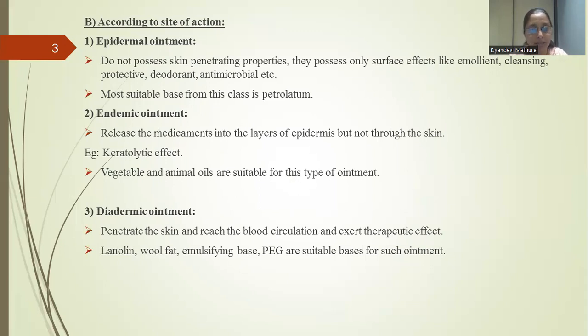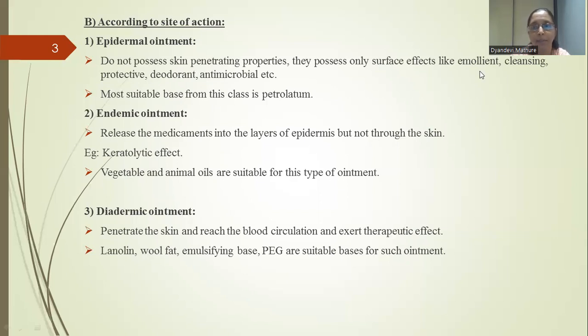These preparations are applied on the surface of the skin, and we know the skin has different layers like epidermis, dermis and hypodermis. So based on which layer we are applying to, or what the site of action is, the ointments are classified. The first type of ointment is epidermic ointment.